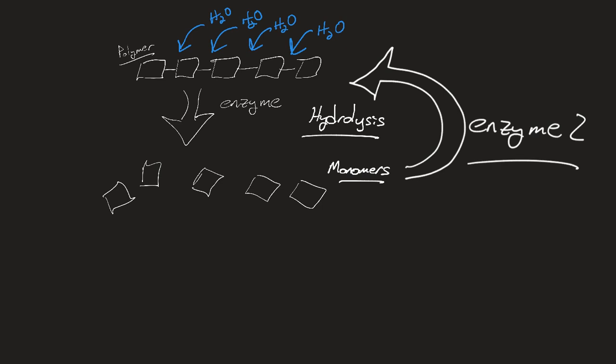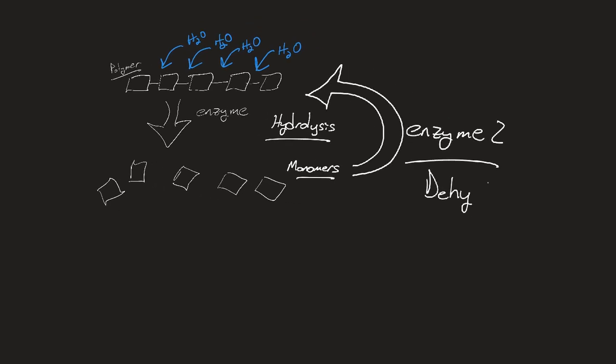That process is dehydration synthesis, which is the opposite of hydrolysis. So these get linked up by pulling water out. So put water in to break them up, take it out to put them together. So now let's look at the question.